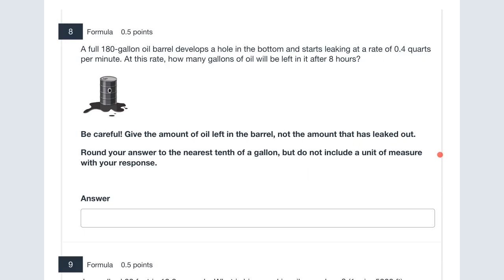We have oil leaking out of a barrel. And in this case, what is left is going to equal the full amount minus whatever has leaked out.